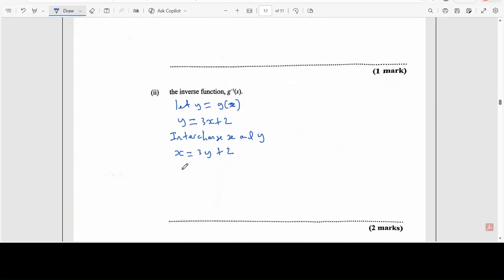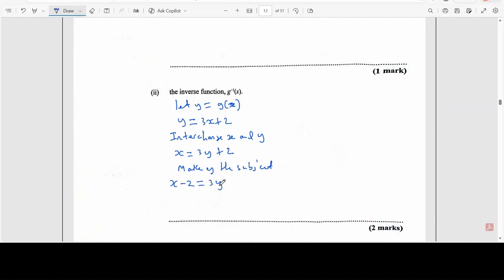Then we have to make y the subject. Right, so to make y the subject, we have 3y on the side. So the first thing we require across is positive 2. When this goes across, it becomes x minus 2.